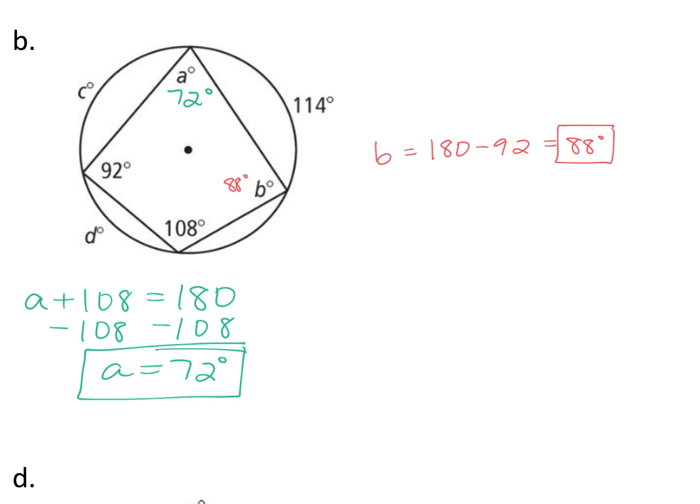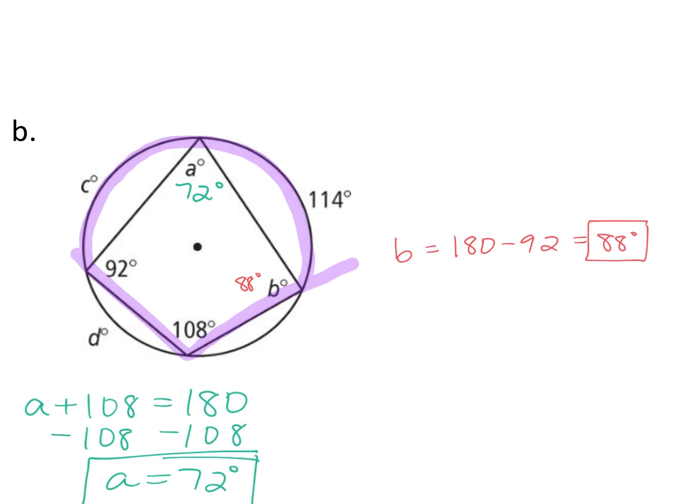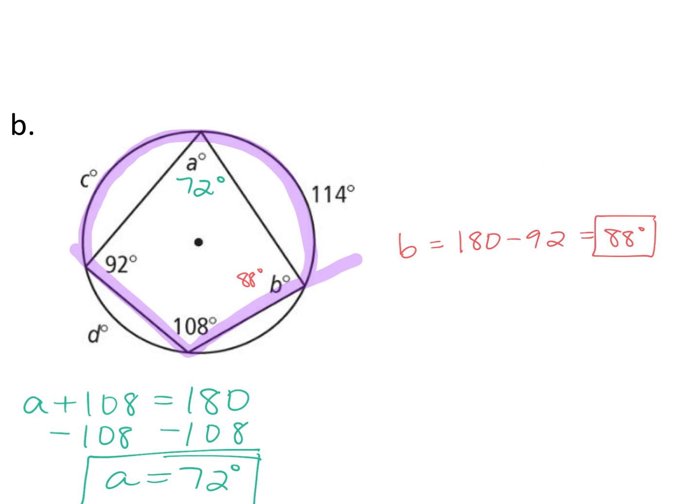Here's what I would do. Quickest method, if you ask me, is this. 108 opens to this arc. So how big is that arc? 216. Double 108. So this is doubling the 108, 216.